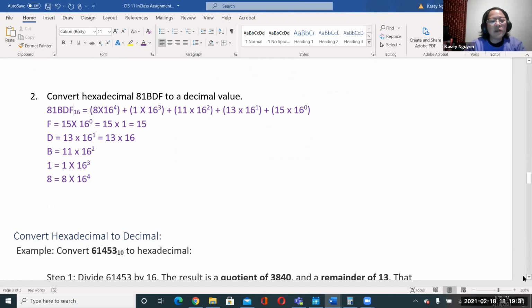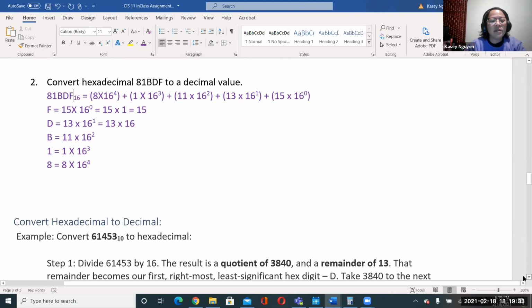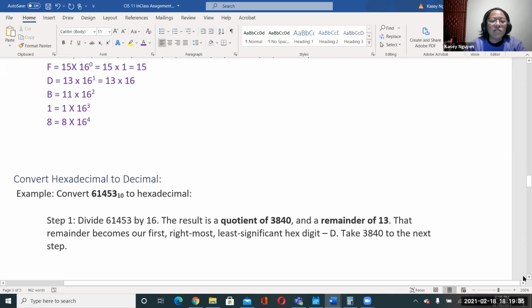Okay, so let's work with the next part where we're going to use the division method. I just went over this with my class CIS-11 last night, but when you use the division method to convert to binary and hex, your remainder is important. So in hexadecimal, when you divide by 16, we're going in reverse now, right?